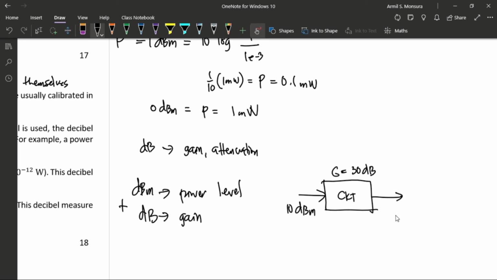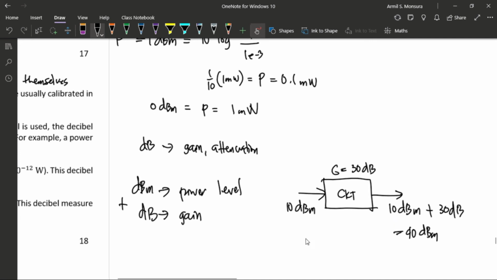So the power output at this side of the circuit is simply 10 dBm plus 30 dB. That gives you 40 dBm. So that's how the operations of our dB and dBm work.